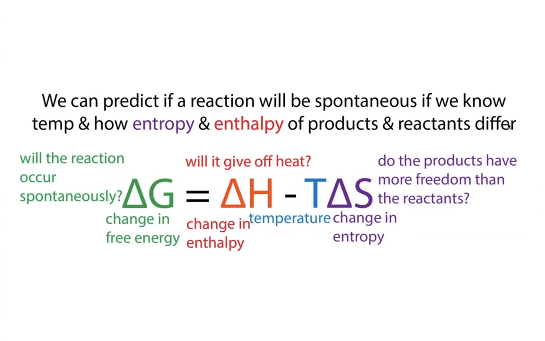Delta G depends on the change in enthalpy and the change in entropy. The change in enthalpy is related to bonds and interactions, and entropy is our randomness and disorder.